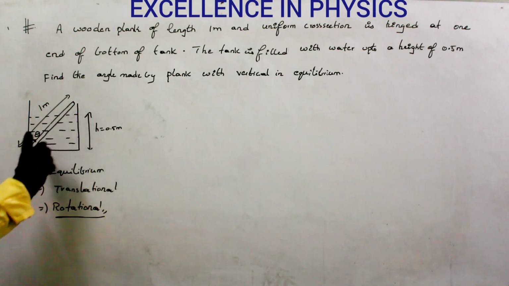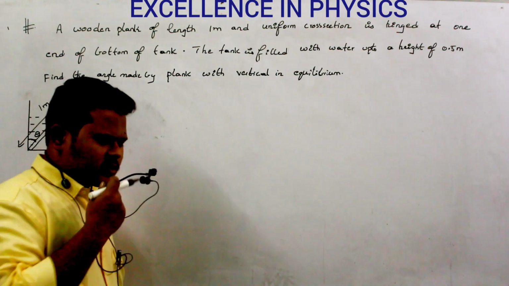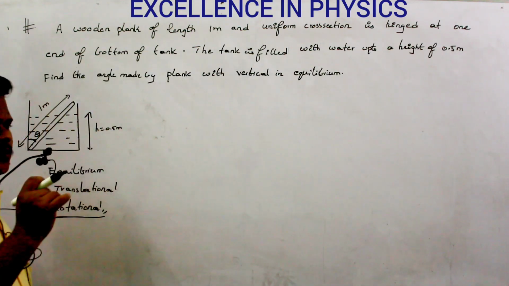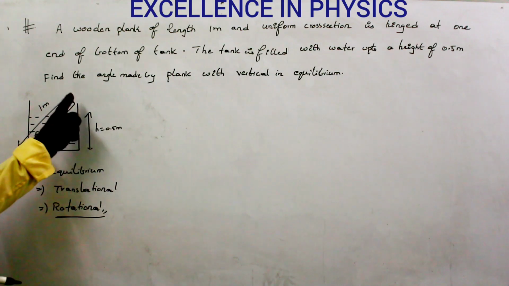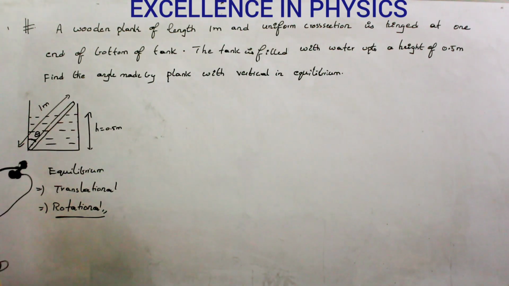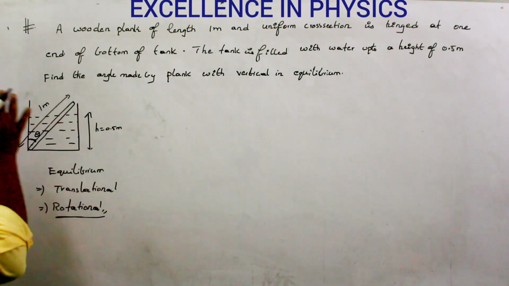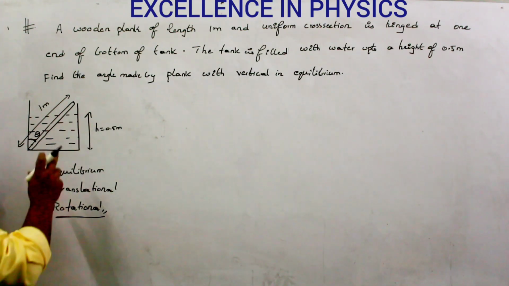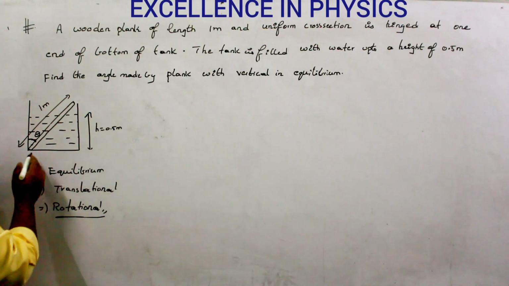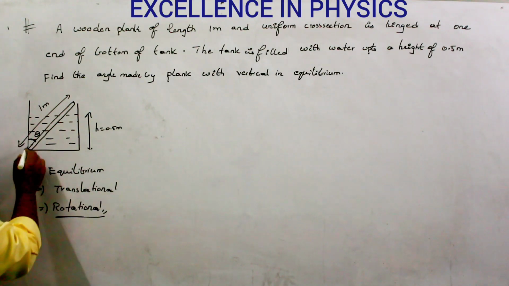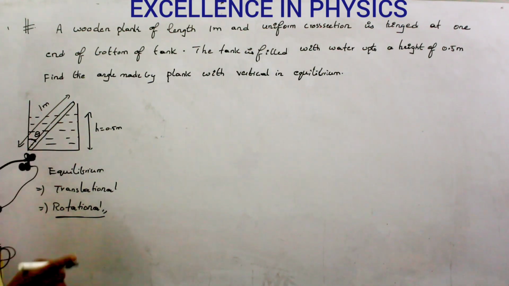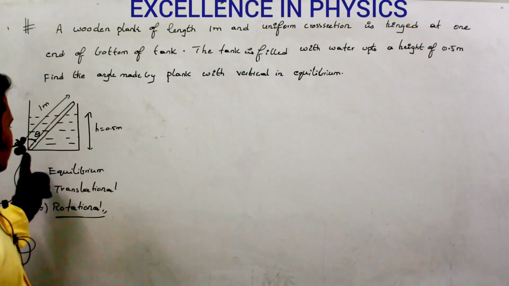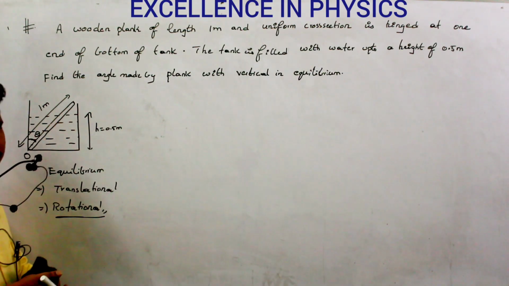So here on this rod, how many forces are producing torque? What is meant by rotational equilibrium? Rotational equilibrium means the net torque produced by all the forces at any point should be equal to 0. So now we will try to calculate the net torque produced by all the forces at the point at which this rod is hinged at the edge of this tank. How many forces are acting in this condition?